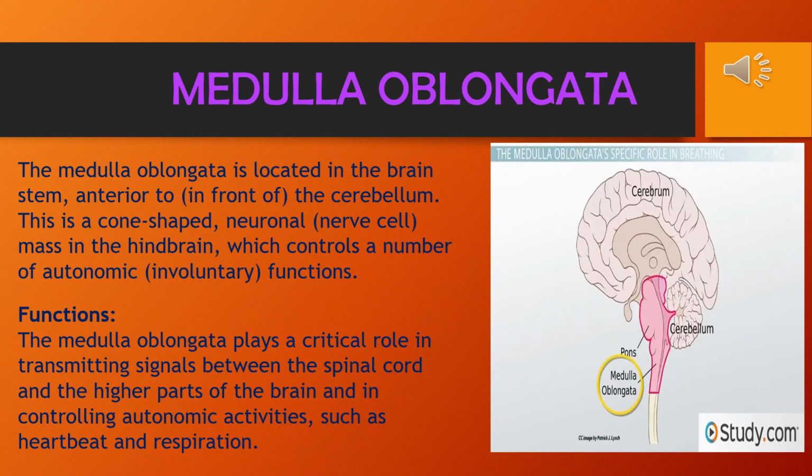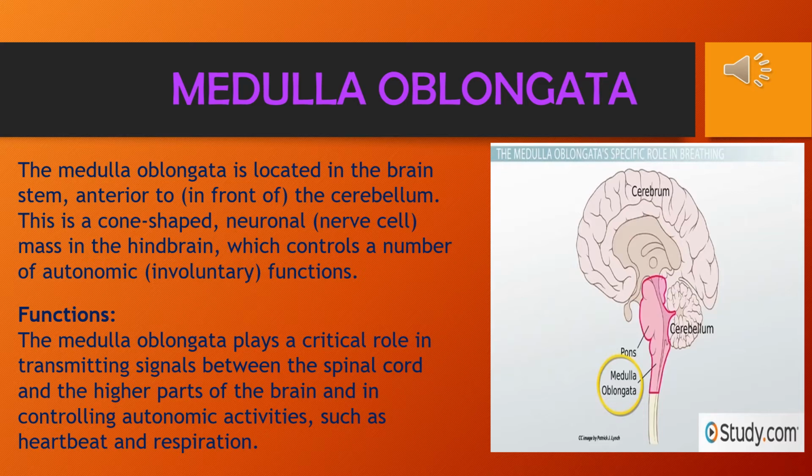Now the third part, that is medulla oblongata. The medulla oblongata is located in the brainstem, anterior to, that means in front of the cerebellum. This is a cone-shaped neuronal, that is nerve cell, mass in the hindbrain, which controls a number of autonomic or involuntary functions.